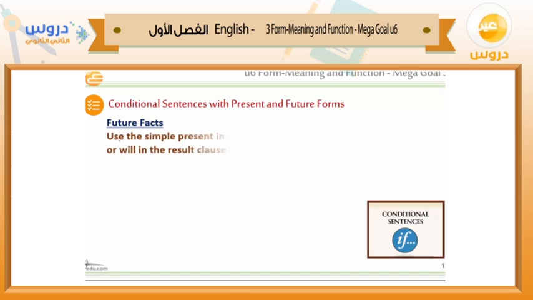Future facts: use simple present in the if clause and the future with be going to or will in the result clause. So with future, what can we use? Either be going to, where be can be am, is or are, or will.